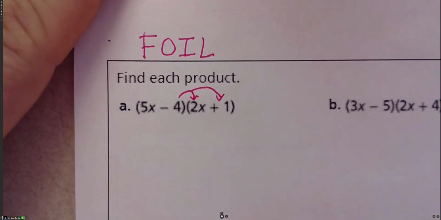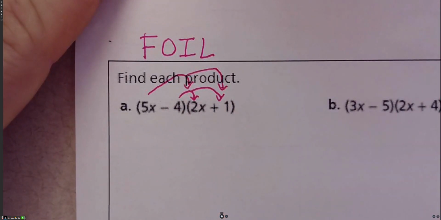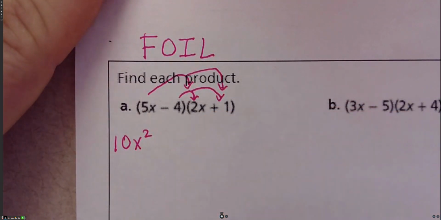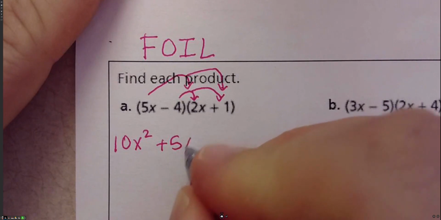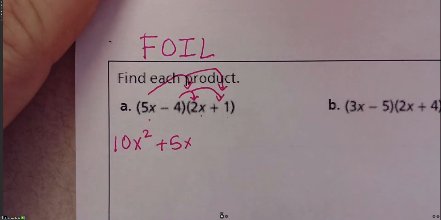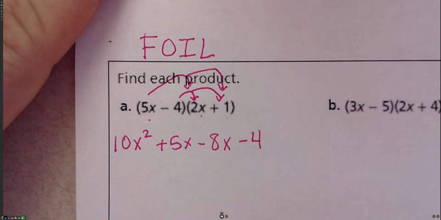I'm sorry. So we go to the 5 first, and that's going to go here and here. So 5x goes to the 2 things, and I get 10x squared plus 5x, because that 5x is multiplied by here and multiplied by here. And then the negative 4 is going to go to both things. So then I get negative 8x and then minus 4.